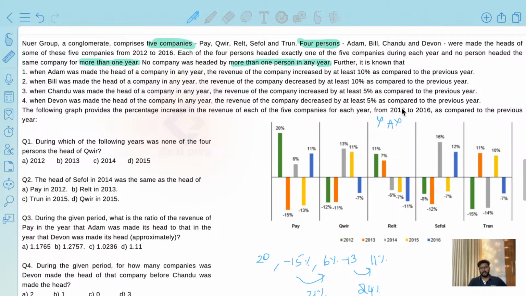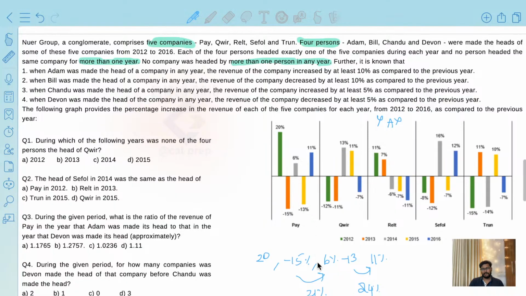At least 5%. D was made the head of the company. The revenue of the company decreased.